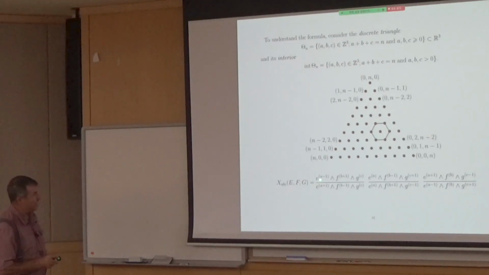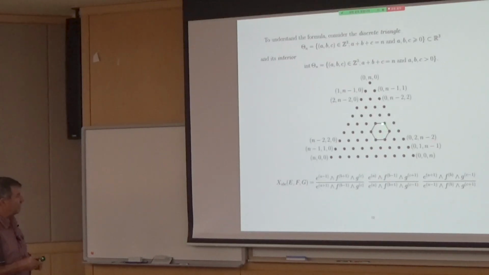And then if you look at the term A minus 1, B plus 1, and so on, if this is ABC, you can see that they are all on this little hexagon here. So that's a little easier to understand. It's a little harder to see where this one is. So it's one of these 2 points here, B plus 1. So it's this one here, I think. So the point corresponding to this factor here is this one.